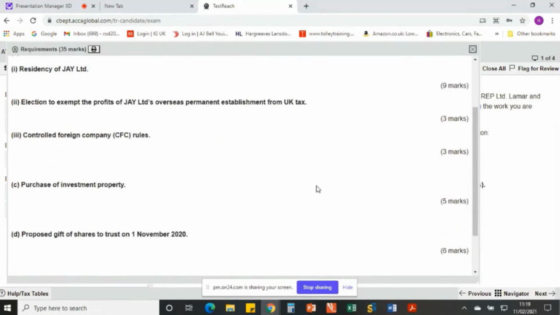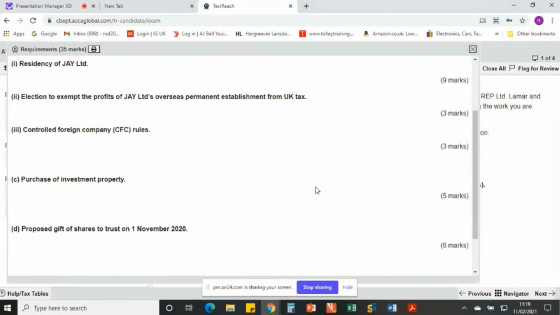Now C is a completely separate question. It's like a little mini question on its own. So is D. If they were presented to you as little mini questions, you'd automatically think the exam question was much easier than when it's thrown at you as one big question. So that's the way to break it down as you do it, and see it as smaller mini questions.